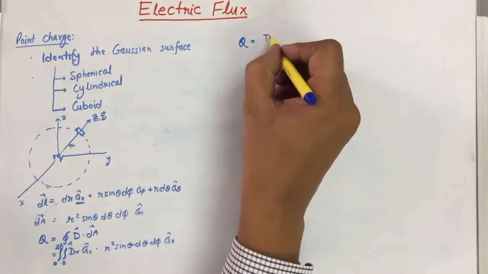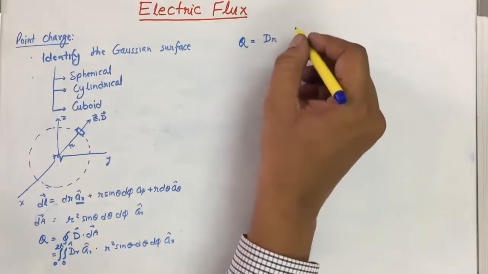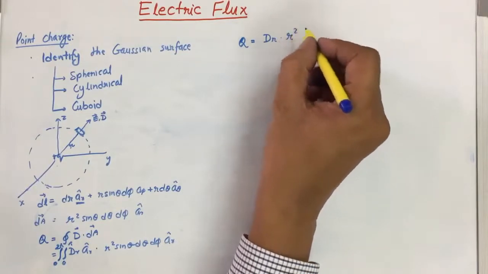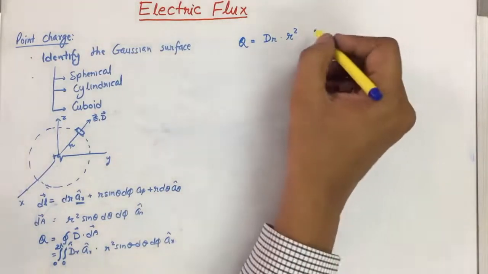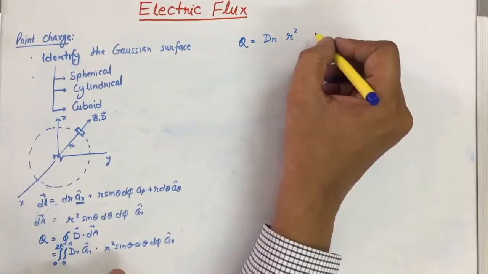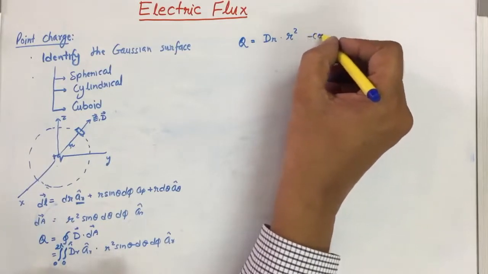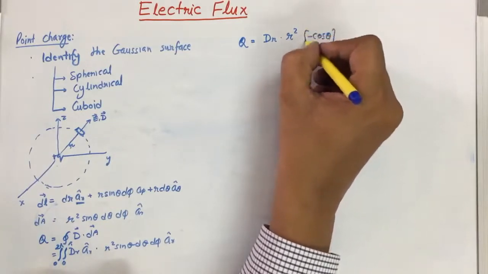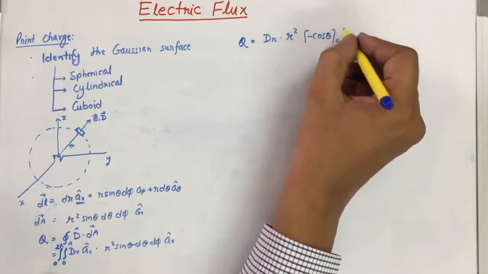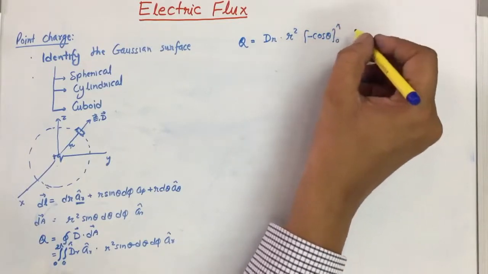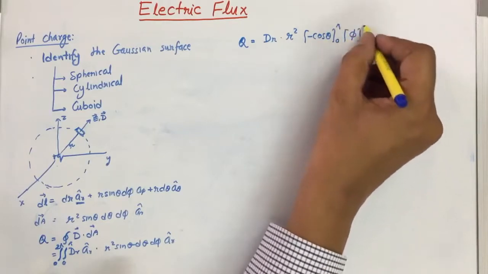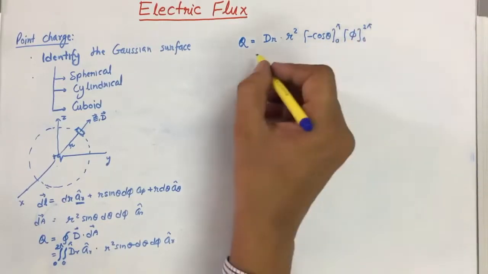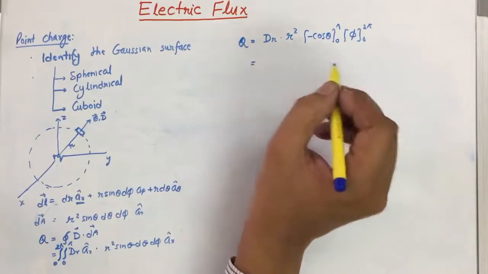So we can say D r square a_r dot a_r will give you 1, sine theta d theta will give us minus cos theta, where theta varies from 0 to pi, and it will be phi, where phi varies from 0 to 2 pi.